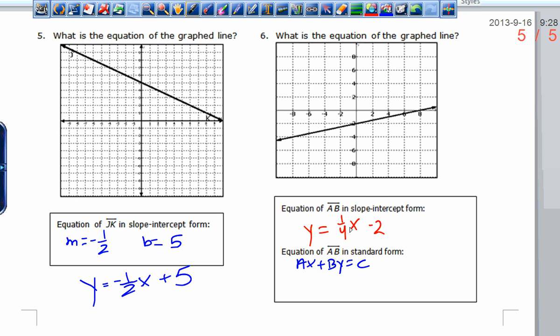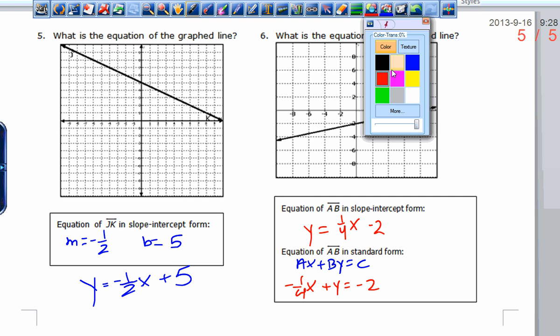No clue why, but whatever. We'll just go through it anyway. So if I want to move this to the left-hand side, what should I do? Subtract. So -1/4 x plus y equals -2. Now, last thing is we don't like fractions in standard form.